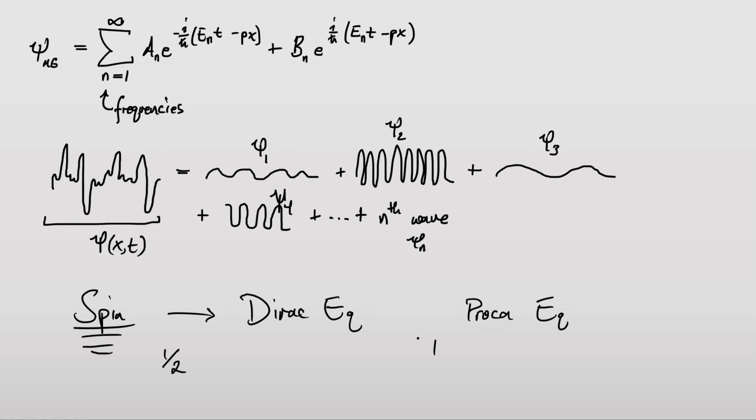And we're going to see how and why a spin 1/2 particle obeys the Dirac equation, and how and why spin 1 particles obey the Proca equation. And then from there we're going to start talking about Lagrangians and what solution states look like for all of these.